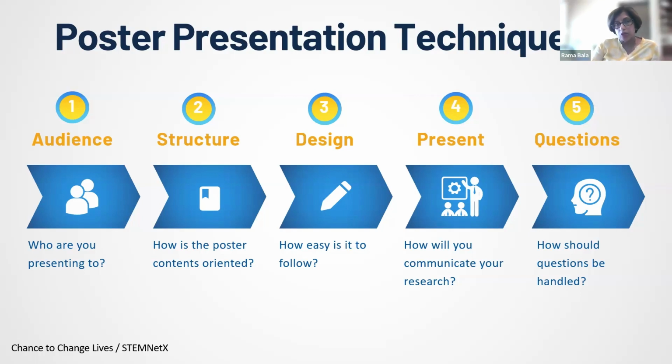All follow this presentation or communication aspect of your presentation, followed by how well and how engaging those conversations are and how useful they are for you through that feedback, is an important aspect of posters. And so how should questions be handled and how do you engage with the audience in your posters is an important element of effective posters.